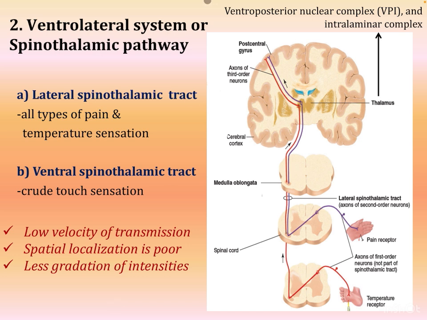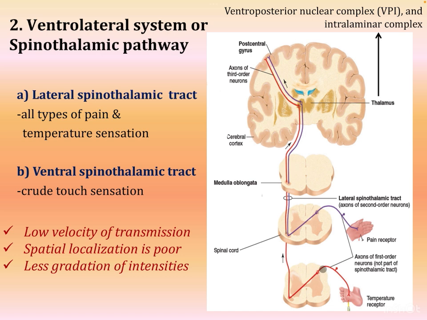The next one is ventrolateral or anterolateral spinothalamic pathway. So lateral spinothalamic tract carries the sensation of all types of pain and temperature, and ventral or anterior spinothalamic tract carries the sensation of crude touch. Group 3 and group 4 fibers, that is A delta and C fibers from nociceptors and thermoreceptors, synapse on the neurons in the dorsal horn laminae, including laminae 1, 4, 5 and 6 of the spinal cord.